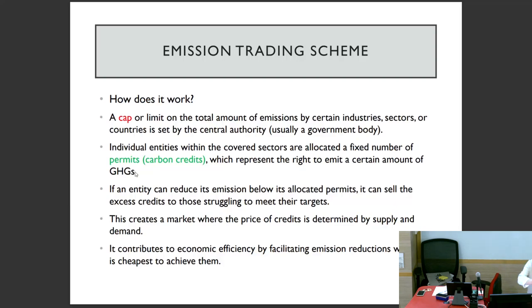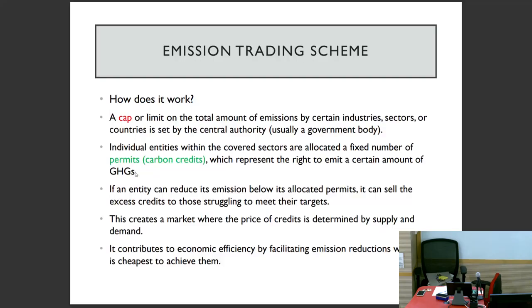According to the reduction target of that region, the government will determine how many credits to be distributed to each entity. So the total amount of credits must be smaller than the total emissions for business as usual operation. You know what I mean?